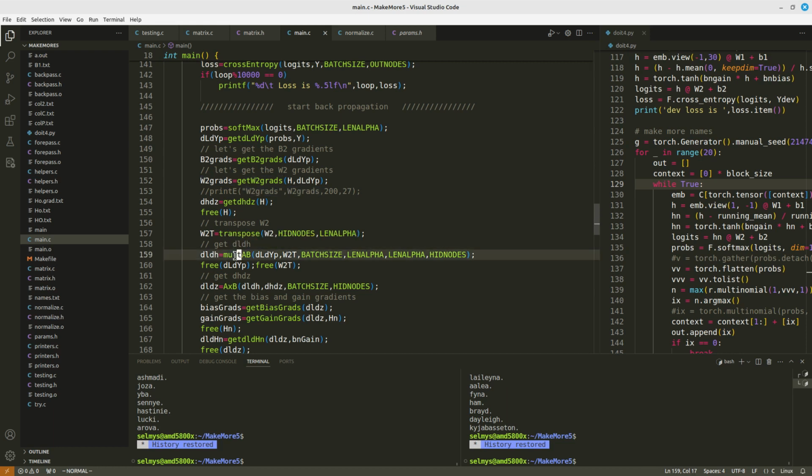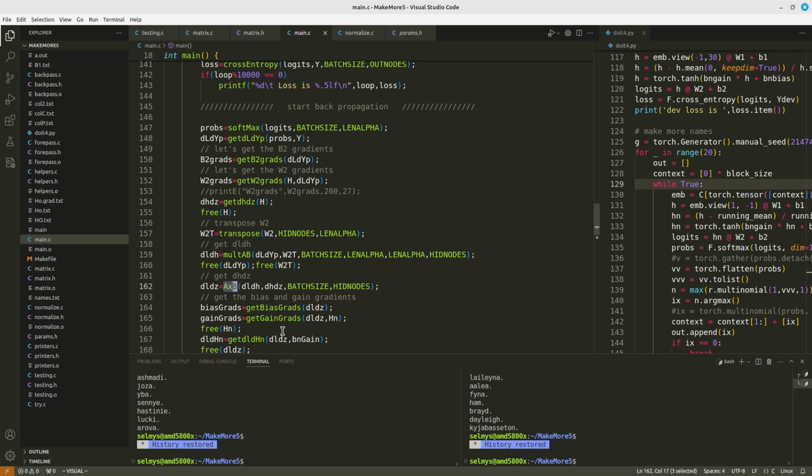Mult AB, which is a standard matrix multiplication. And then I'm also doing A times B, this function I wrote, which just does element-wise multiplication, which I think I mentioned was like A11 times B11 equals C11, and so on.